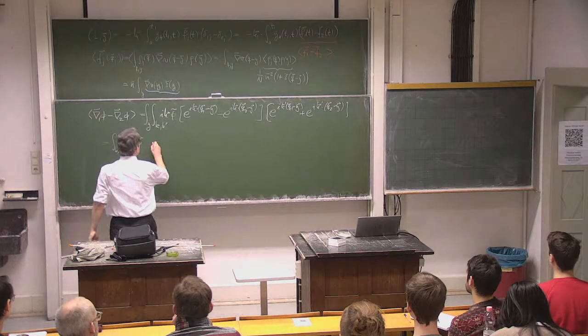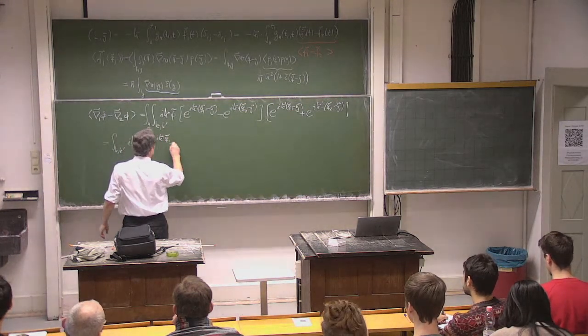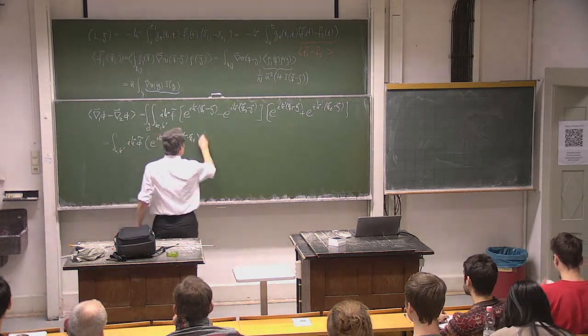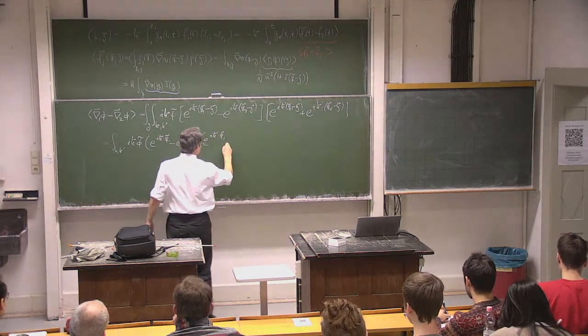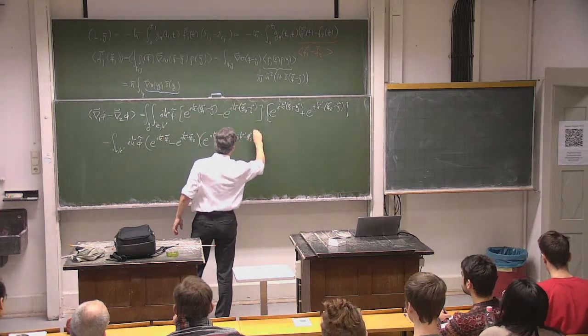So this leaves e to the ik q1 minus e to the ik q2, e to the ik prime times q1, e to the ik prime times q2.